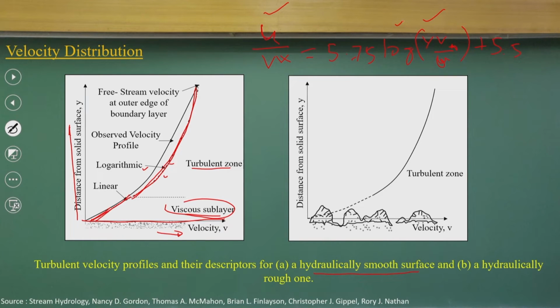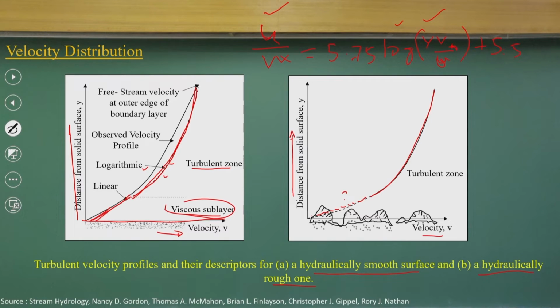But in the case of hydraulically rough zones, as we have discussed, there is no laminar sublayer, and close to the boundary the velocity distribution is predicted as a logarithmic profile of velocity versus y. So that is the hydraulically rough case.